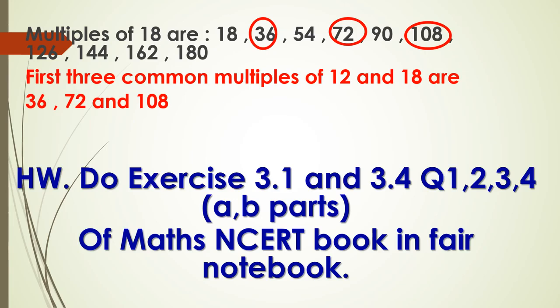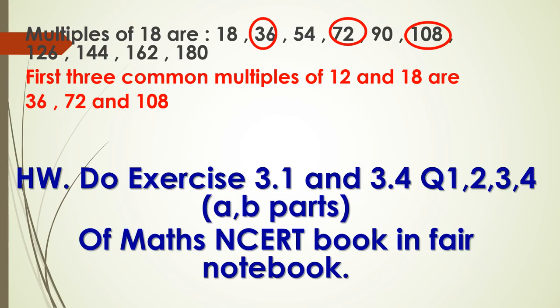Then we have done some rules, or we can say some facts that we observe. What are they? 1 is a factor of every number. The only factor of 1 is 1 itself. Every number is a factor of itself. Every number other than 1 has at least 2 factors, 1 and the number itself.